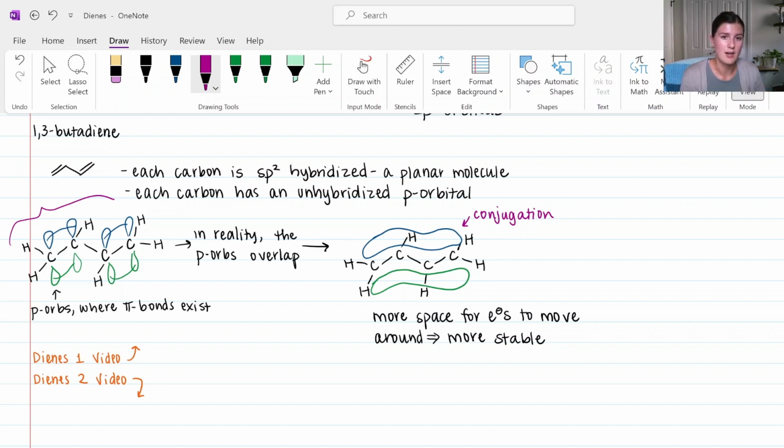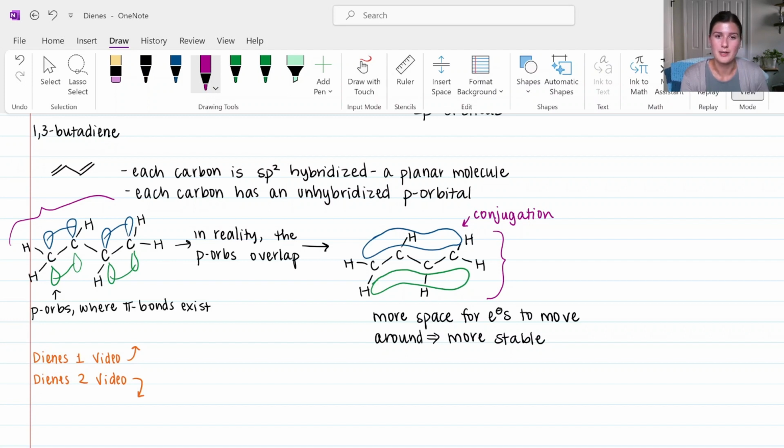And those are atomic orbitals. Each carbon atom provides one of those unhybridized p orbitals. Then when we said in reality, the p orbitals are overlapping, we drew this molecule on the right with the overlapping p orbitals. And what we drew here is actually a molecular orbital.